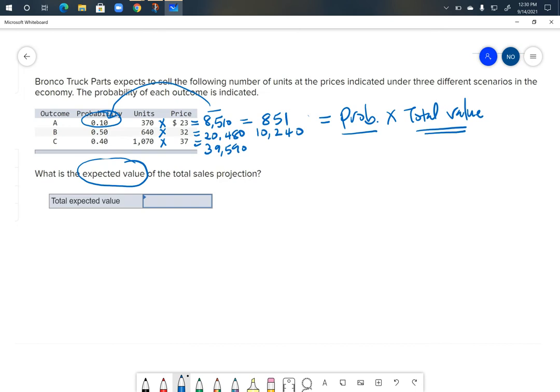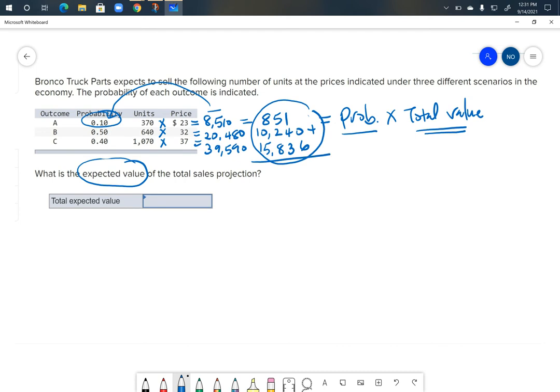And then we have the last one, 39,590 times 0.4, the probability, and this gives us 15,836.